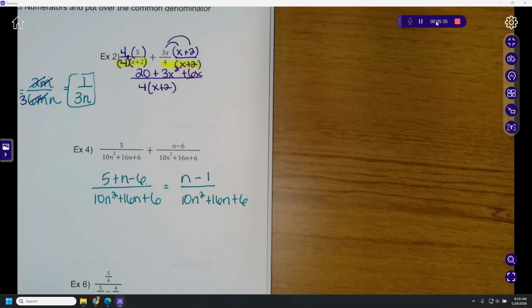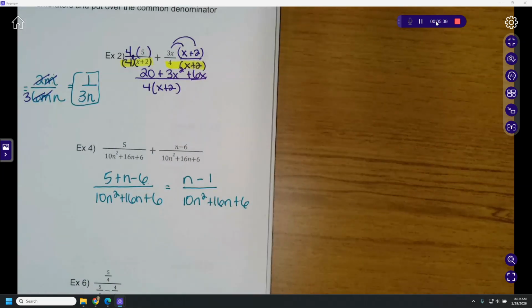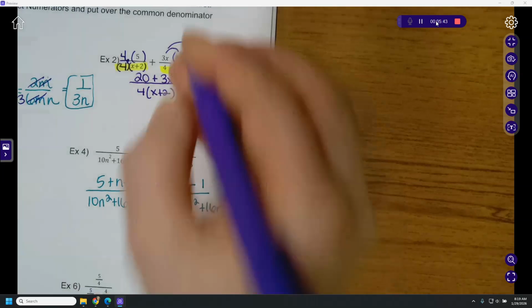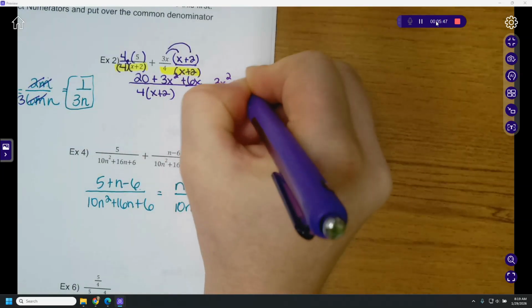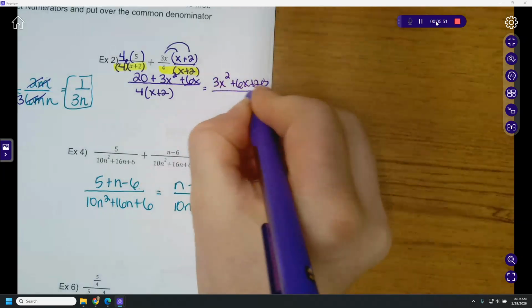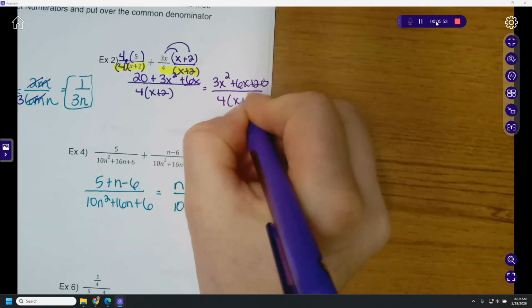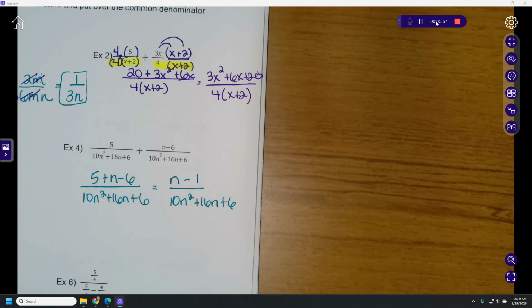Are there any like terms that I can put together on the top? Nope. All right, so I have just 3x squared plus 6x plus 20 on the top, and then 4 times x plus 2 on the bottom. If you wanted to, you could write that as 4x plus 8.